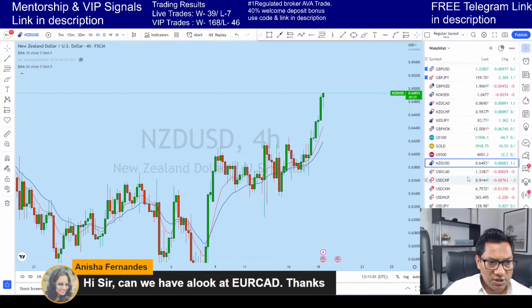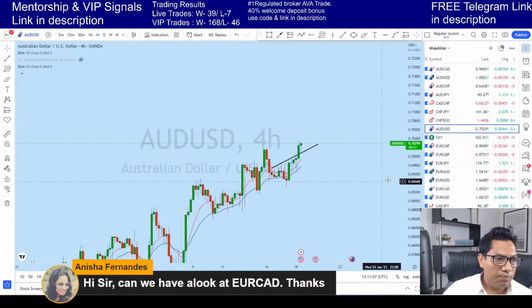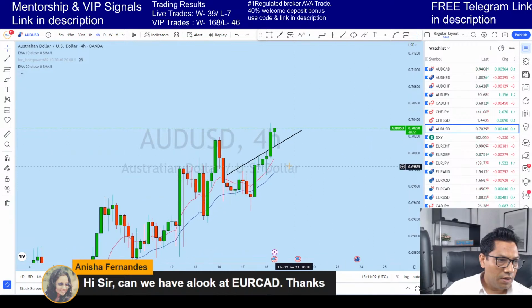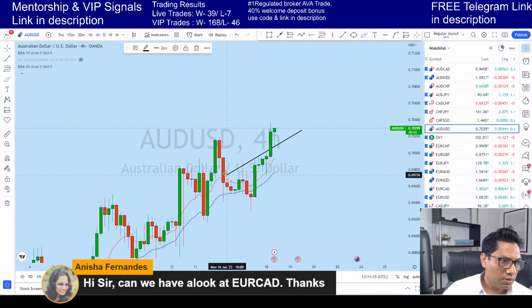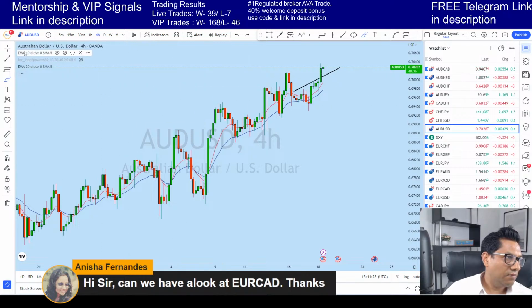So NZD-USD including AUD-USD, the same way we see that there was a big bullish candle, and then the price came to that level, this order block, previous resistance turned support. Exactly from that level we have seen that AUD-USD again has formed another bullish candle.